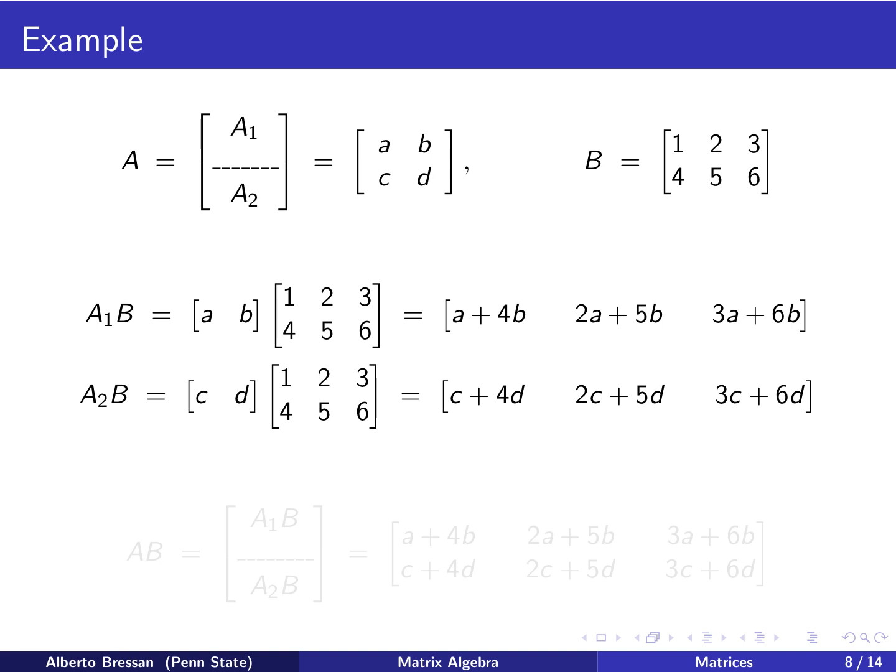Okay, and then the second row, A2 times B, will be just this vector CD times the B, which is carried out in a very similar way. So it will be 1C plus 4D, 2C plus 5D, 3C plus 6D. You see, each of them is a row vector of length 3.